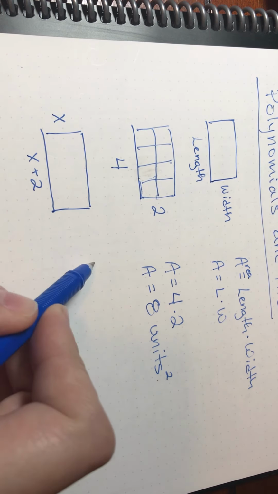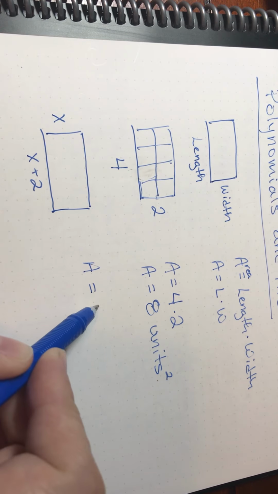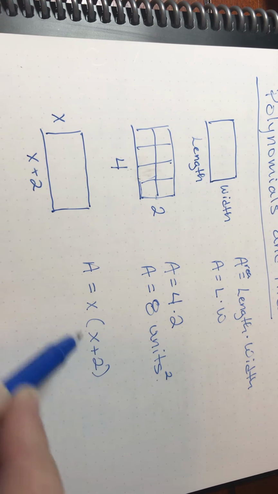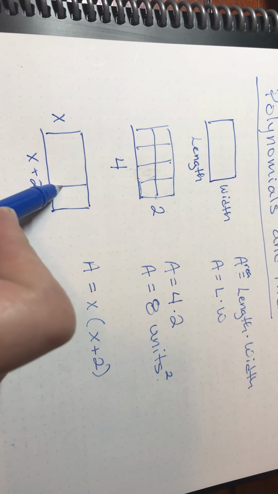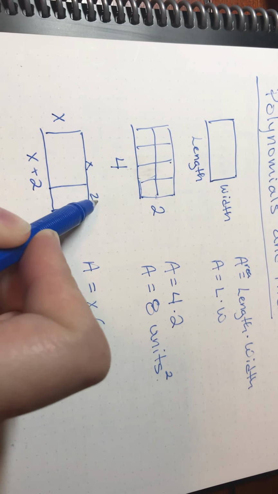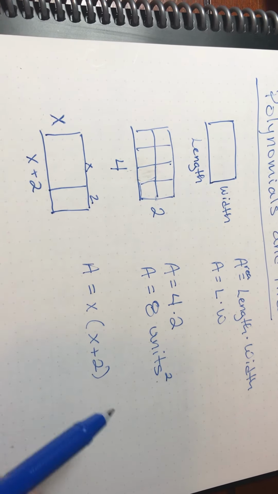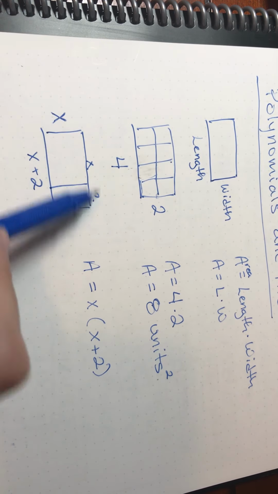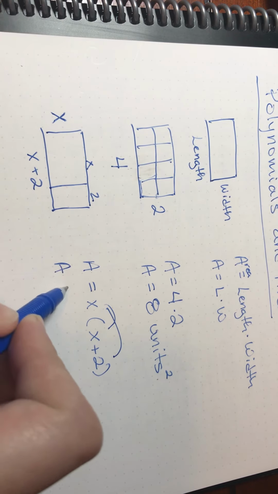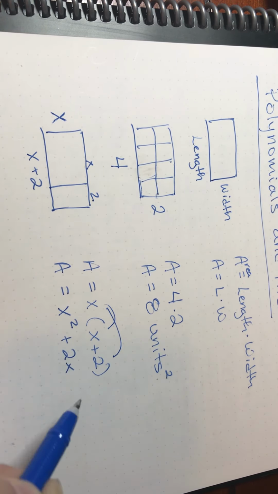So we can say that the area equals x times x plus 2. Now if you think about this, if this is x and this is 2, and this is x, we can kind of see how that works. So here's our dimensions, and then when we distribute, we get area equals x squared plus 2x.